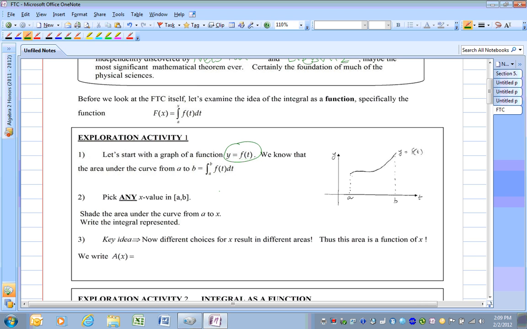So say we pick any x value in this range. I don't know, let's say right here. And shade the area under the curve from a to x. So it'll be like this.